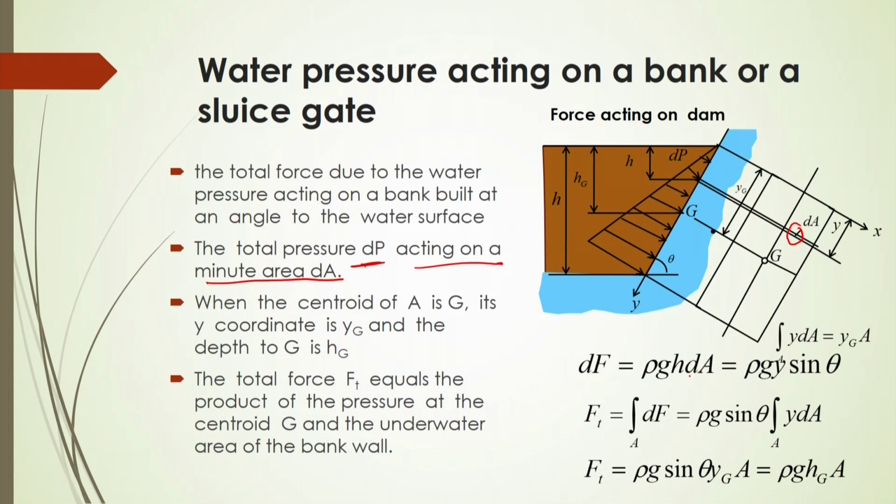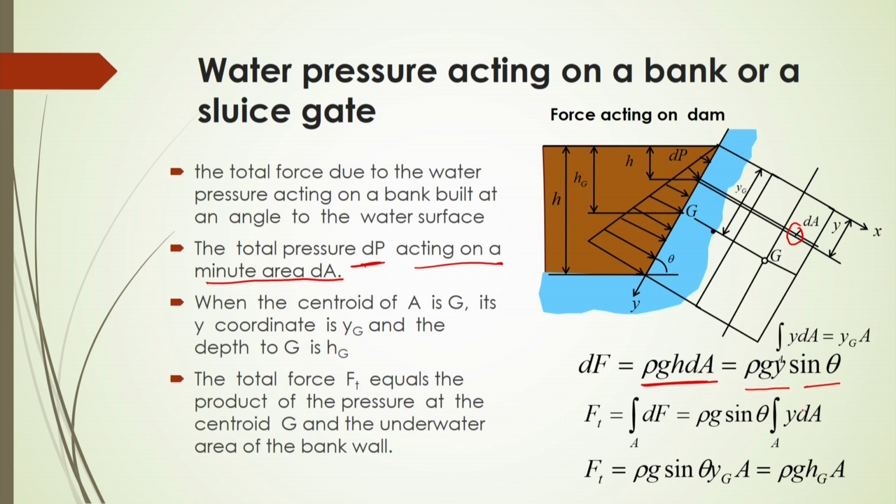So, dF will be equal to rho g h into dA. This is the principle; the pressure is dF by dA, that is rho g h at a certain height h. It is equal to rho g into y sin theta, as per theta you can calculate the h value here.